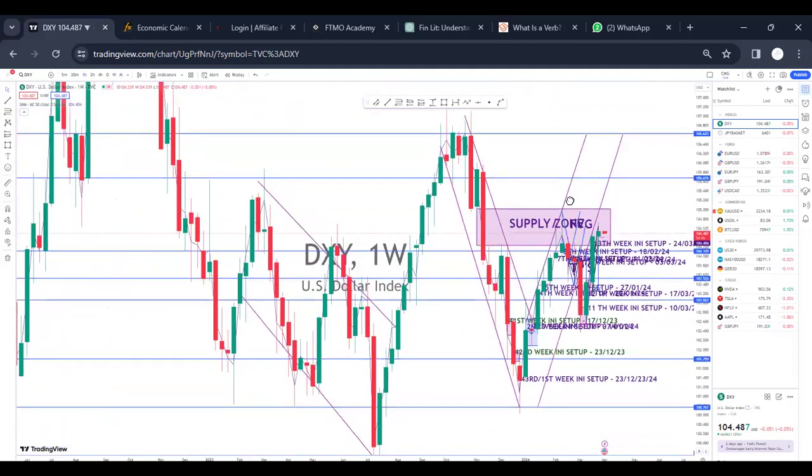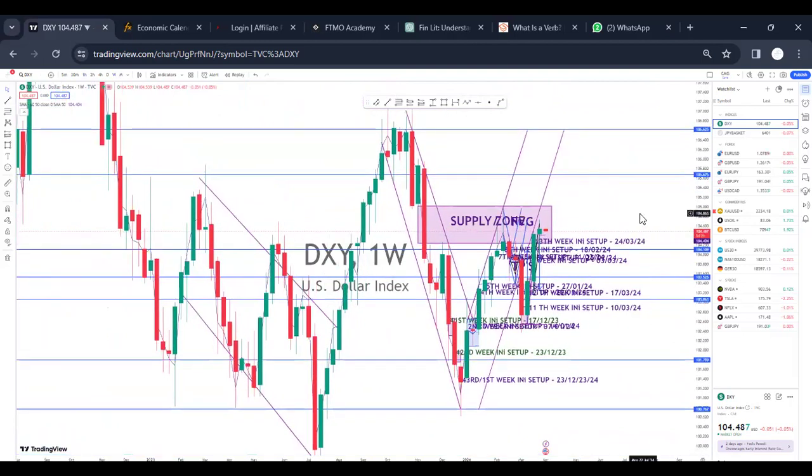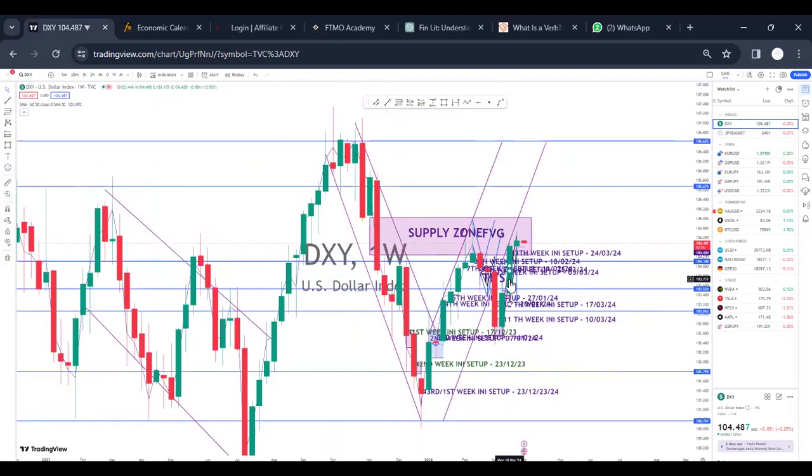So that is what is actually happening, right? On the 1 week time frame, we are still in this fair value gap. Last week we were here, right? When you saw this bullish candlestick formation, we were expecting more of a bullish movement.